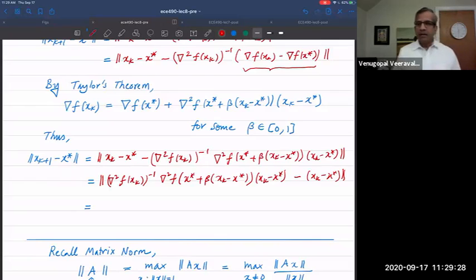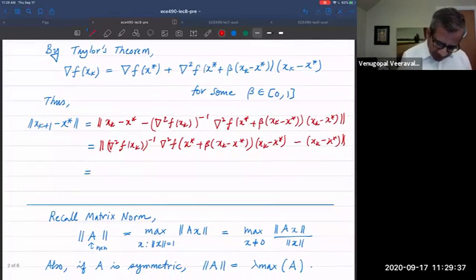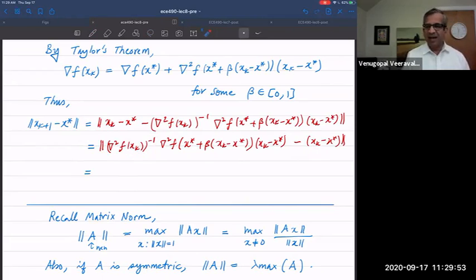All I've done is change the sign inside the norm, and that doesn't make a difference to the norm. Now I'm going to try and absorb this term into this one, by multiplying by the inverse of the inverse, which is the matrix itself.